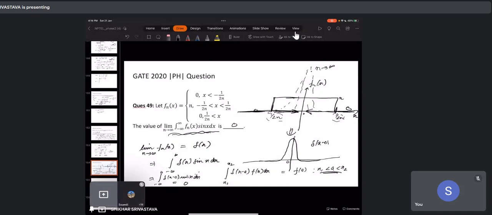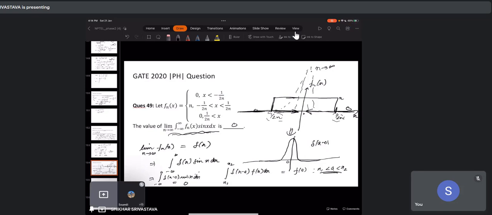Sir, the given function in the question is a symmetric function. So can we not say that f(x) sin(nx) should be 0, as the function is symmetric along the y-axis? When integrating the odd term, this integral will become odd.